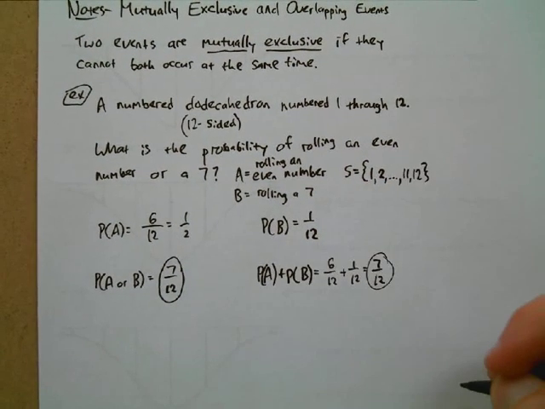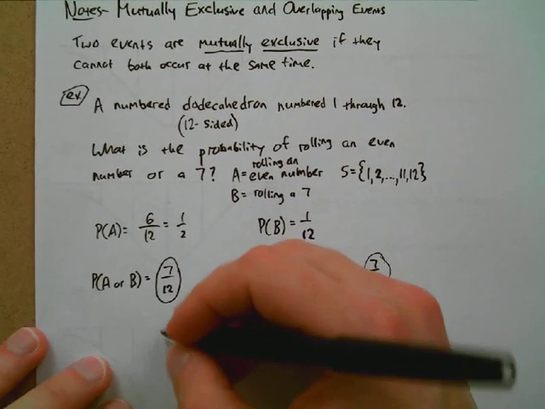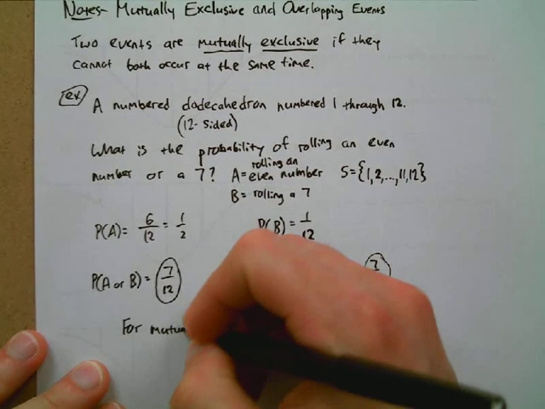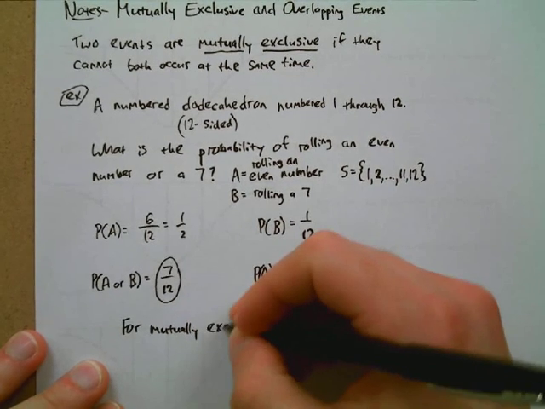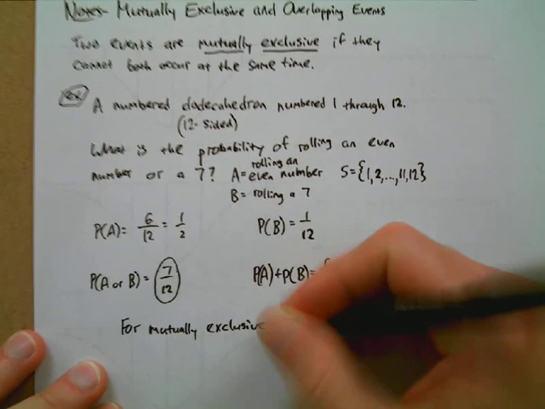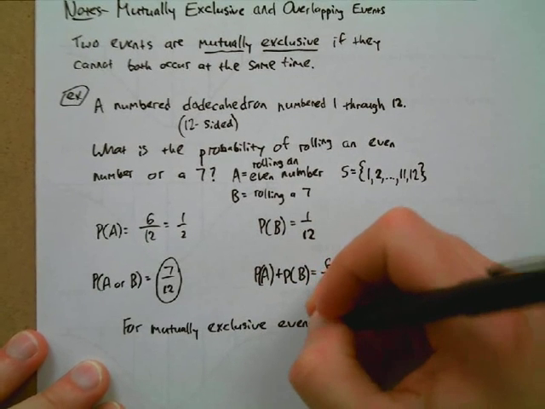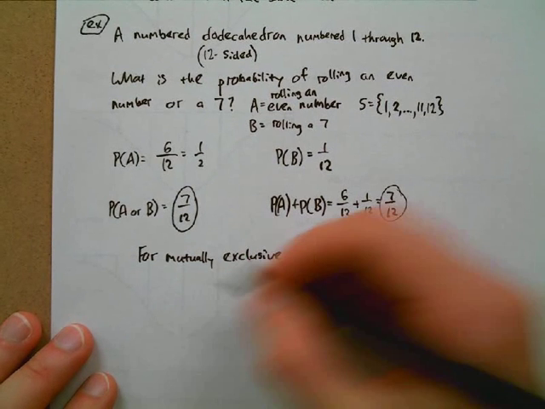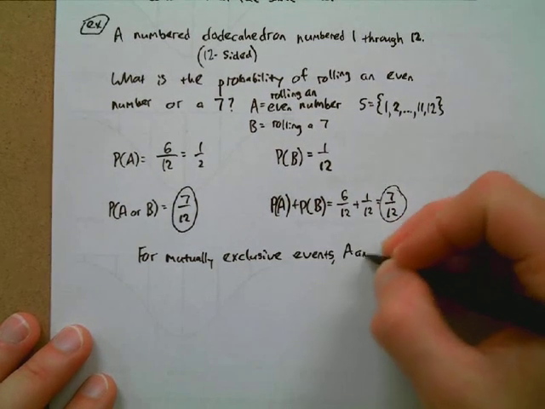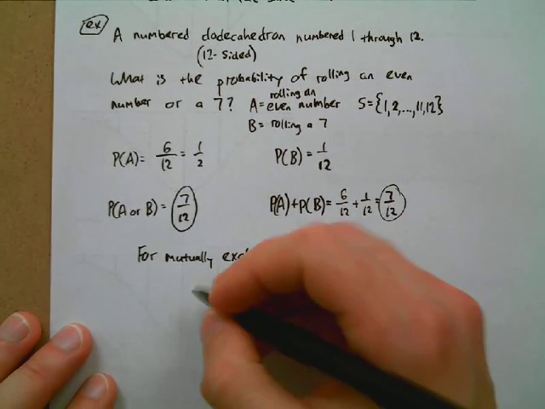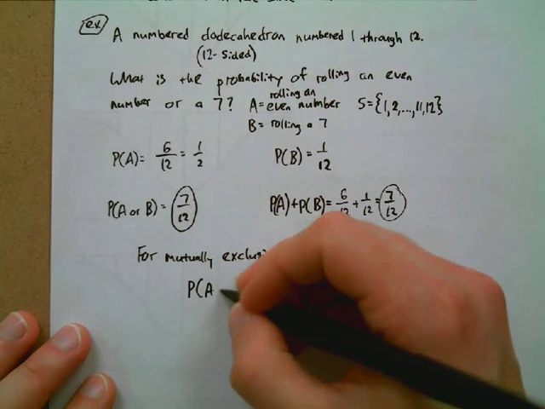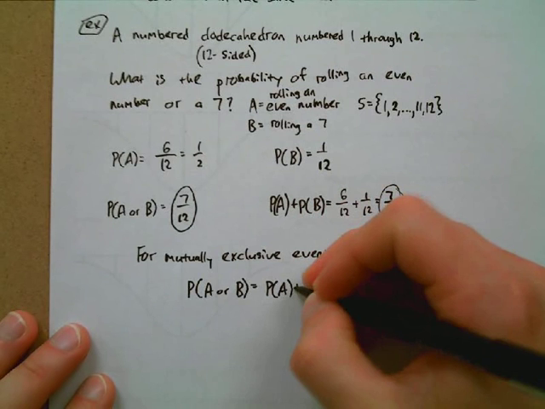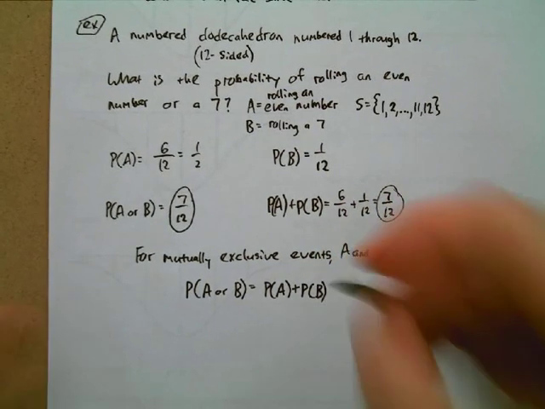So in general, what I'm trying to show here, for mutually exclusive events, and we'll say A and B, the probability of A or B is just equal to the probability of A plus the probability of B. Okay?